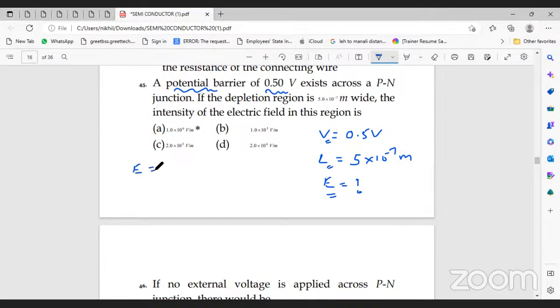E is equal to the potential divided by length. Potential is 0.5. Length is 5 into 10 power minus 7. 0.5 by 5 is 0.1. 0.1 into 10 power 7, or you can take 1 into 10 power 6. Option A is the right answer.